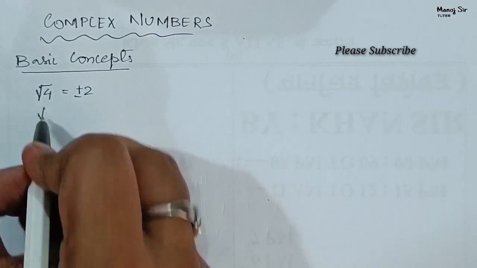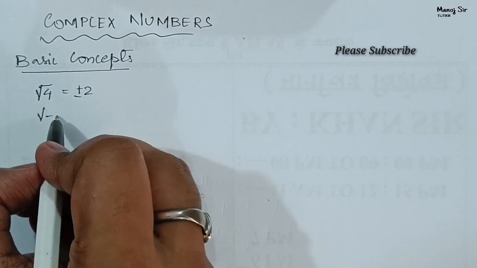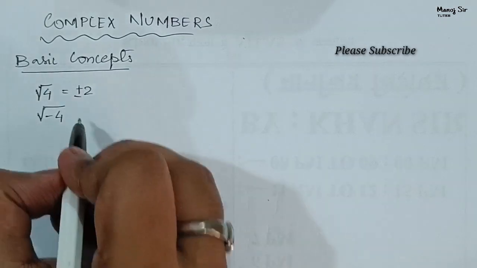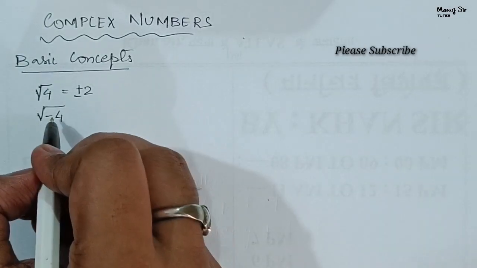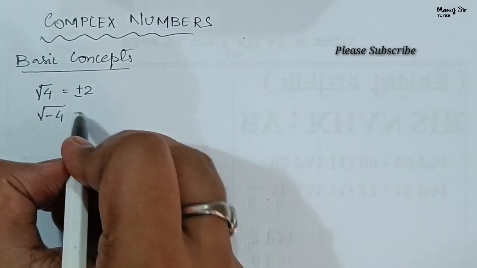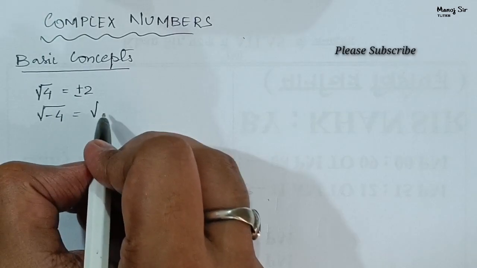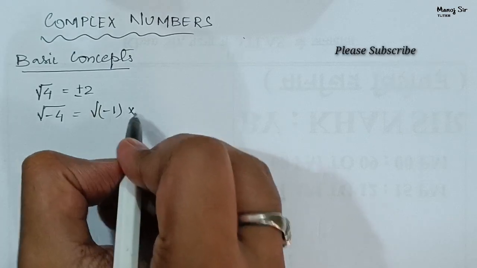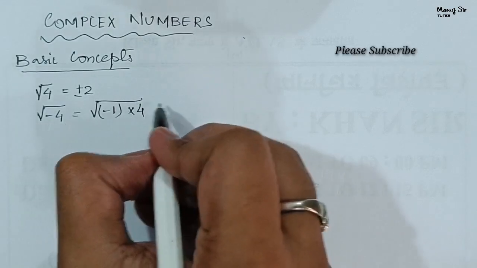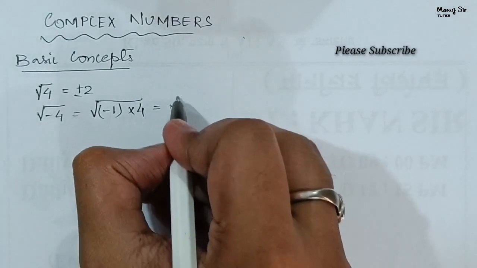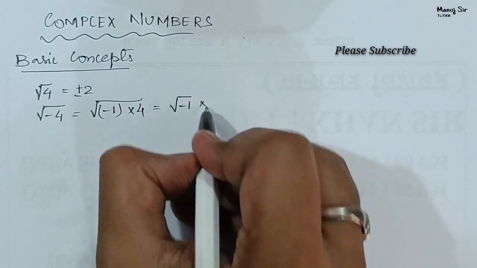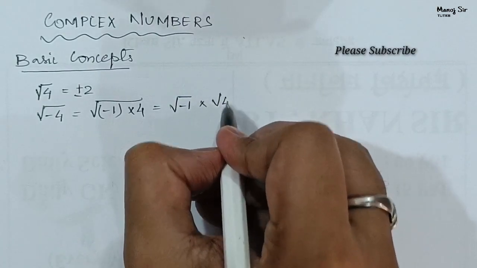Similarly, if you ask what is root of minus 4, we cannot find the real value of this. So we will convert this as root of minus 1 into 4. Now we can separate this: root of minus 1 into root of 4.